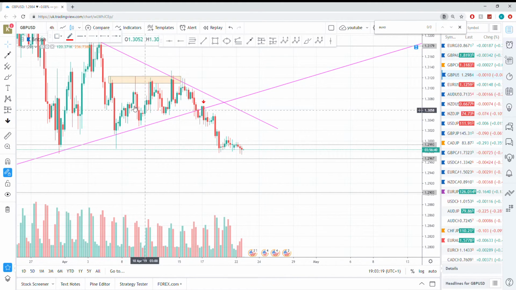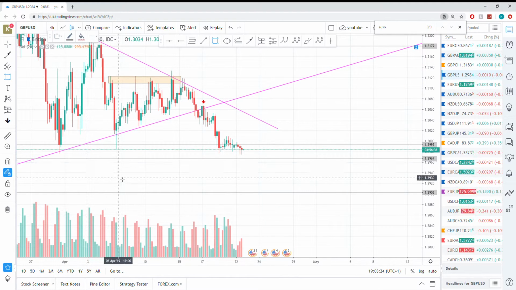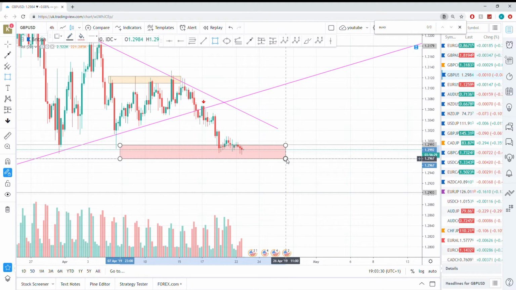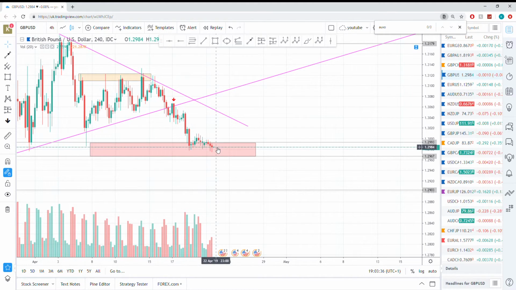Carrying on from where we are now, we're currently in our zone level here. It'll be interesting to see what actually happens. We're getting a bit of slow momentum here, partly due to the bank holiday weekend, which means most of the currency pairs are just not involved with trading.